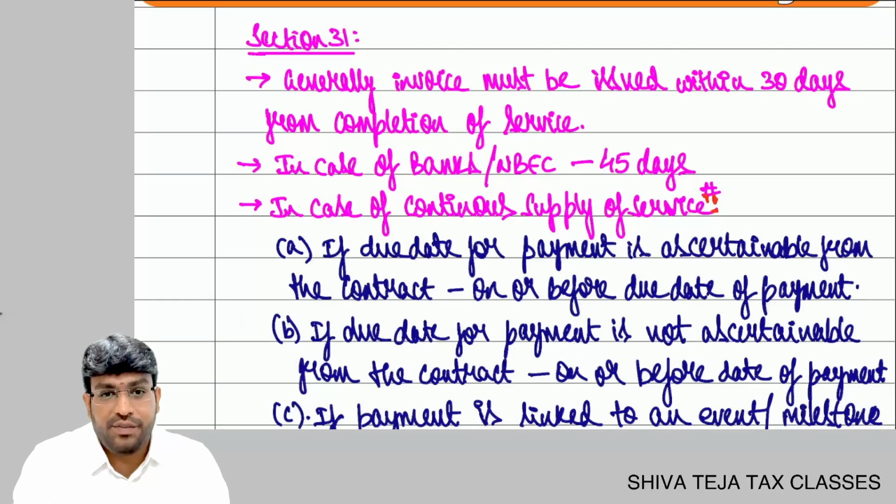For bank and NBFC, we have got 45 days time. And for continuous supply of service, we will see whether due date is ascertainable or not ascertainable. Ascertainable: on or before due date of payment. Not ascertainable: on or before date of payment. And if it is linked to an event or milestone, on or before completion of such event or milestone. Important concept.